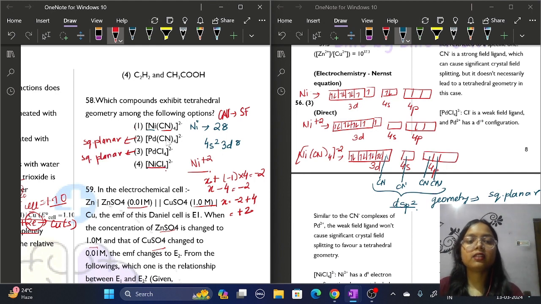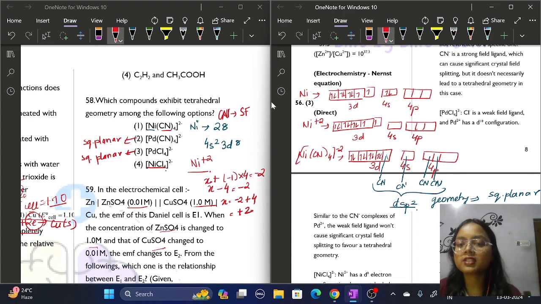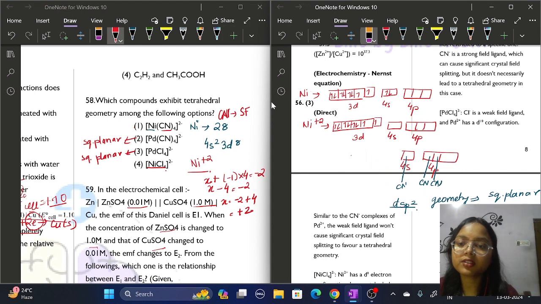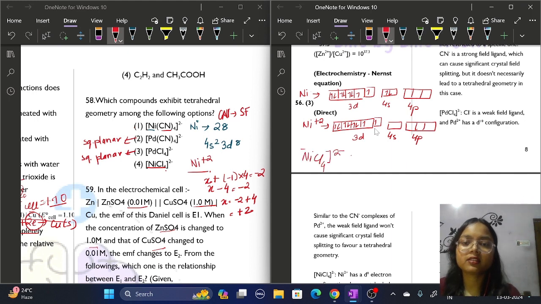For NiCl4 2-, let's see this once. The nickel part will be the same in the ground state, and Ni+2 is also the same in the +2 oxidation state. What we have to change is the excited state only. So I'm going to write 2- here.